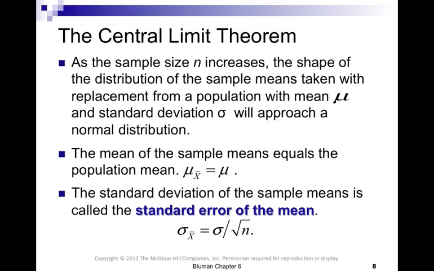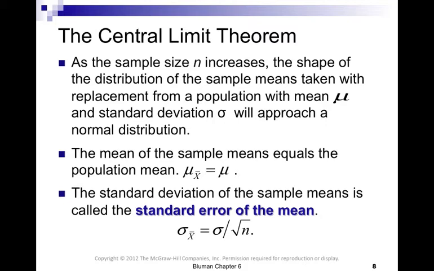So as the sample size n increases, the shape of the distribution of the sample means or the sample averages, taken with replacement from a population with a mean of mu, which of course is a symbol for the population mean, and a standard deviation of sigma, will approach a normal distribution.